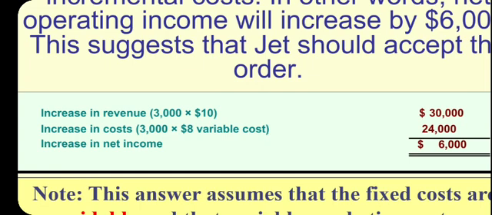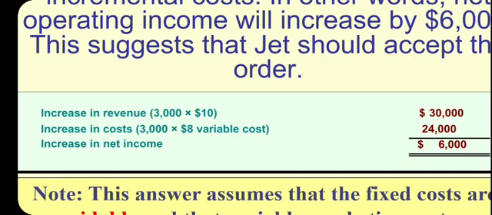At the same time, the increase in cost is only 24,000. Why 24,000? Remember, we have calculated that unit variable cost for Jet Incorporated is $8, and the quantity of the special order is 3,000. So 3,000 times $8.